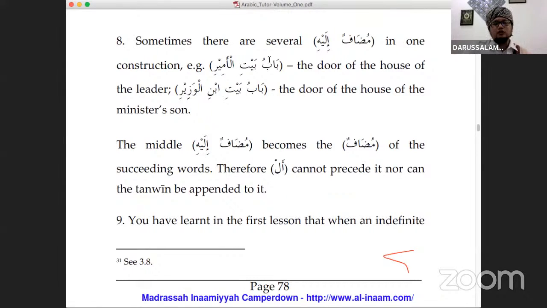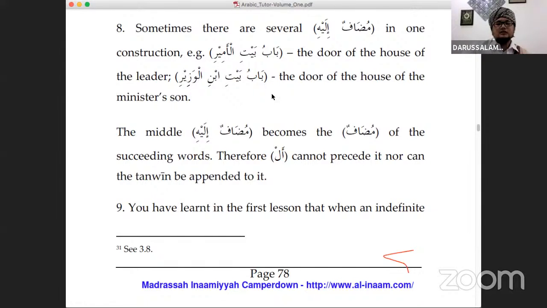But baiti is also mudaf, so it becomes mudaf to the next word after that, al-amiri. Same thing here. Babu is mudaf. Baiti is mudaf ilay, but it's also the mudaf for ibni, and ibni is mudaf ilay, but ibni is also the mudaf for the next word, which is al-waziri, like that. Okay.